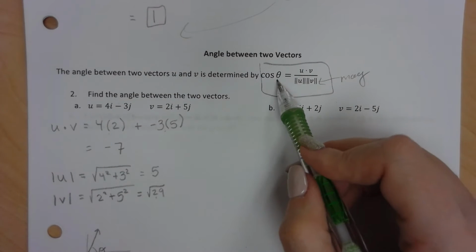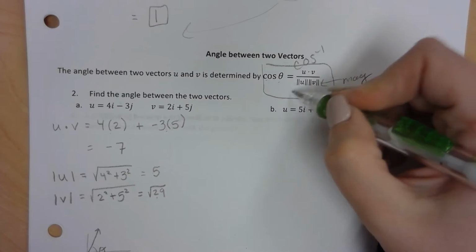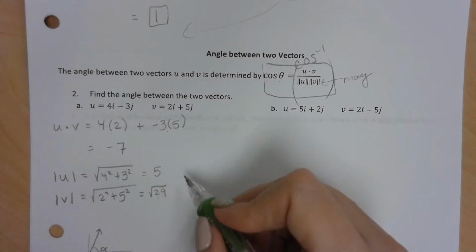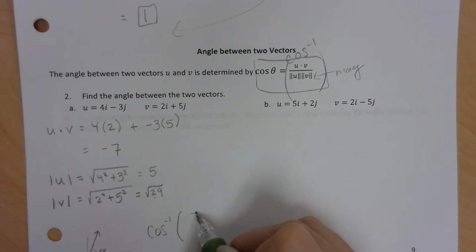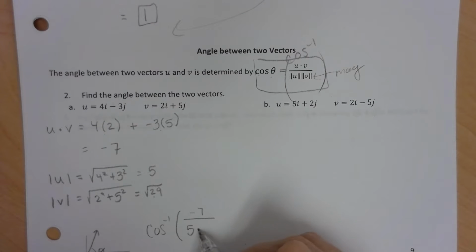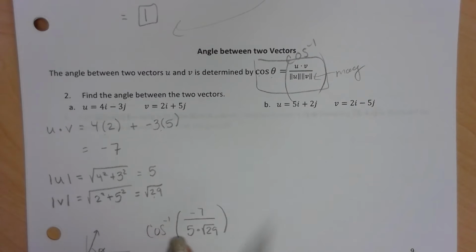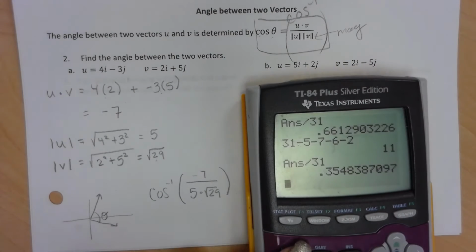So to find theta here, remember this is cosine, so to undo that we have to do cosine inverse on each side. So we're going to do cosine inverse of the dot product, which we found was negative 7, over the two magnitudes being multiplied. I'm going to plug this into my calculator, and I will get the answer for theta right there. So we're going to do cosine inverse.